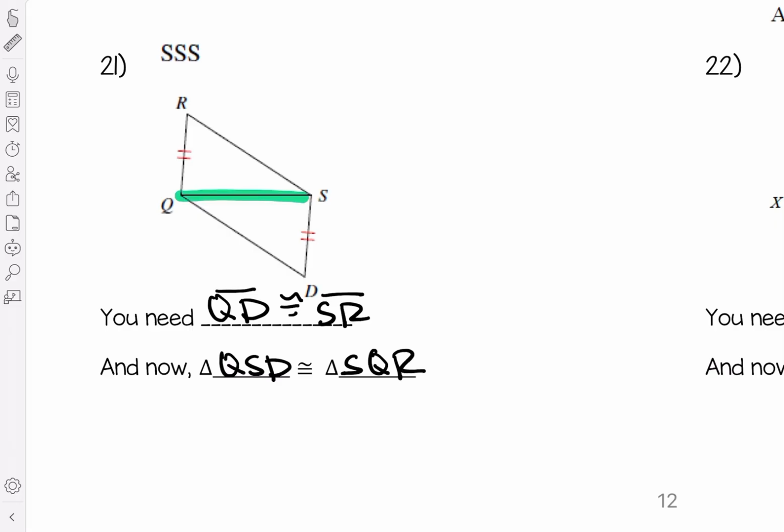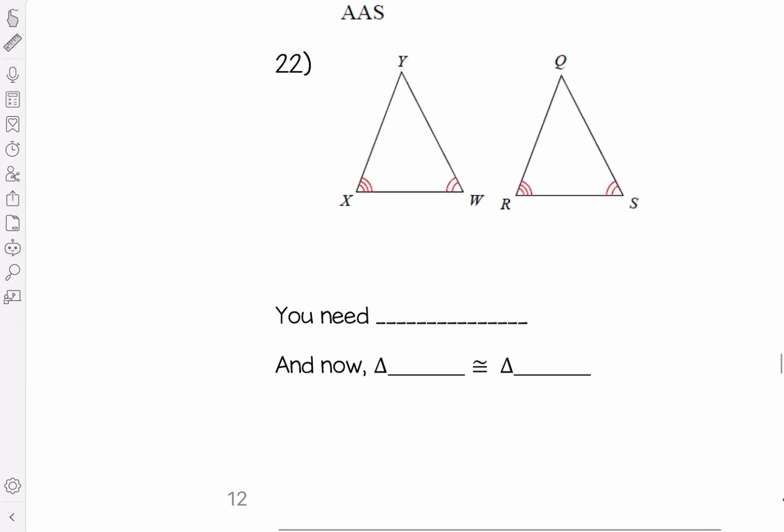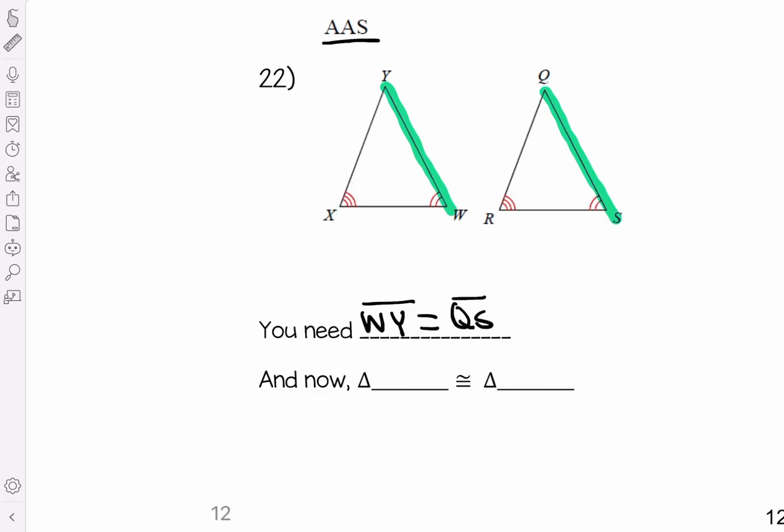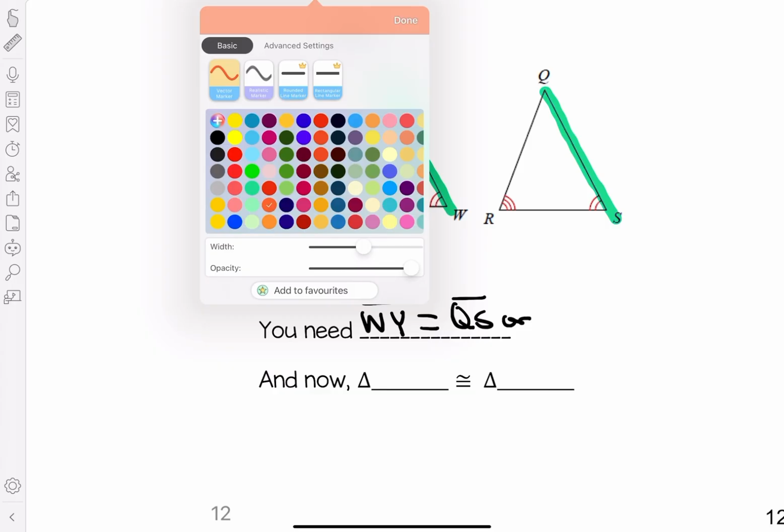And last one, 22, if I'm looking for angle, side, you could have picked two options, okay? One option you could have picked is this side over here. You could have said, I have to know that WY is congruent to QS. Or you could have also picked this other side over here.